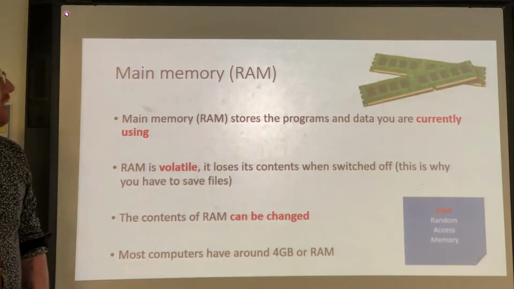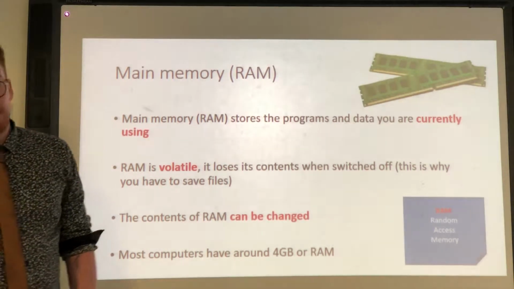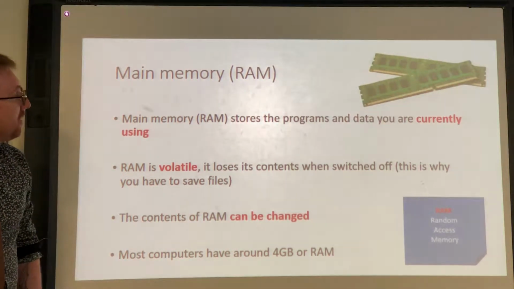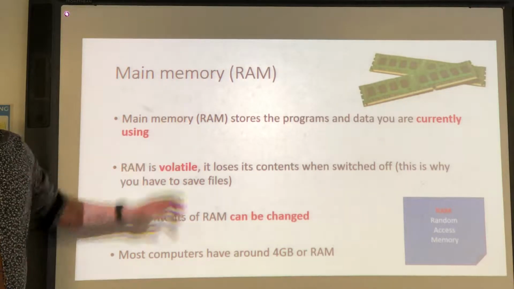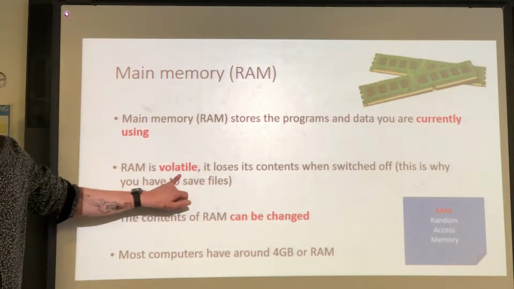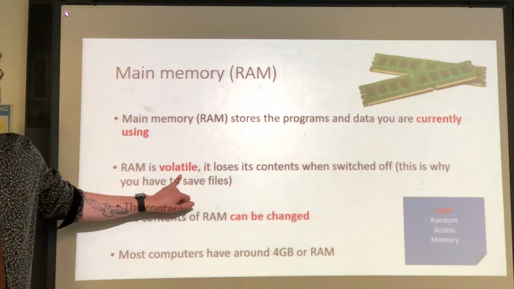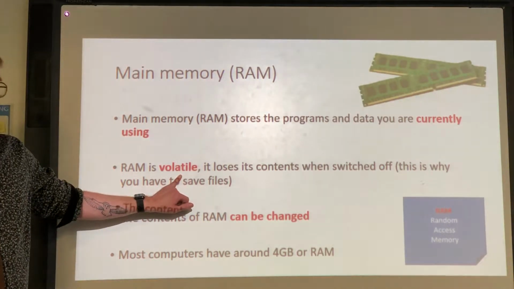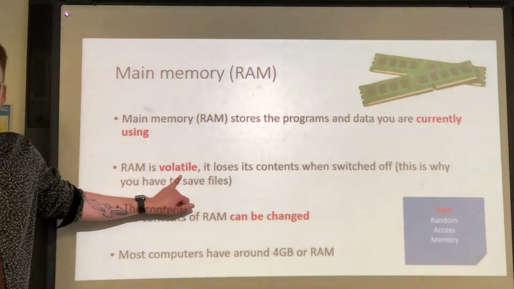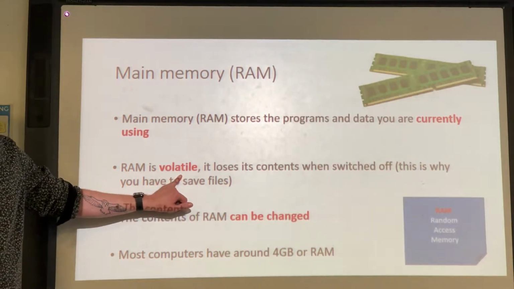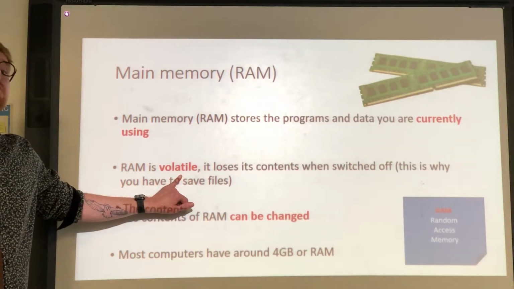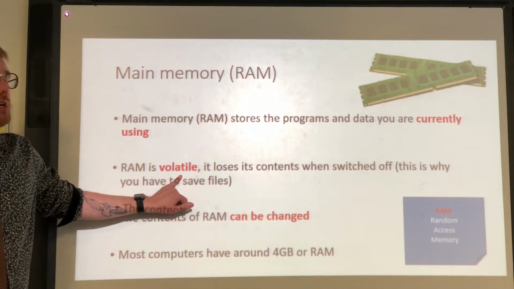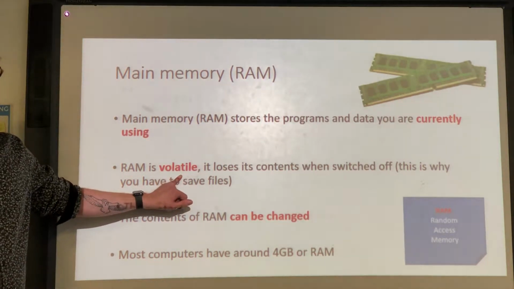Obviously, if you switch your computer off or you have a power cut, then whatever you're working on in main memory is lost because main memory is volatile. You switch the computer off and whatever is in main memory will disappear. That's why at the end of every lesson your teacher normally reminds you to save your work. You save it to your secondary storage, to your hard drive, because your RAM is volatile.